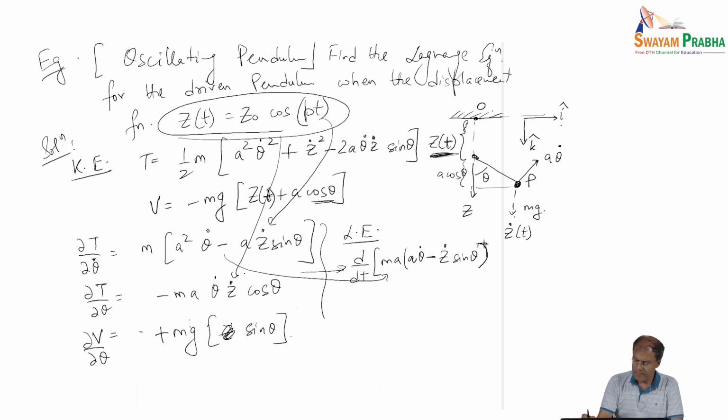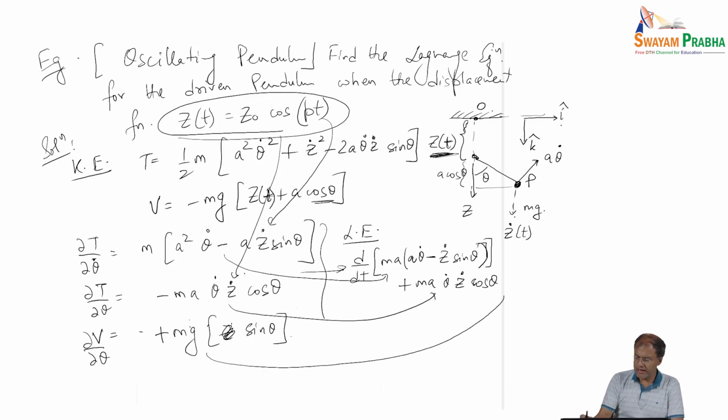and then plus m a z dot theta dot cos theta. So that is the second quantity here, partial T partial theta with a minus sign, so that will become a plus sign. And then on the right hand side I have to worry about dV d theta, which is mg a sine theta.